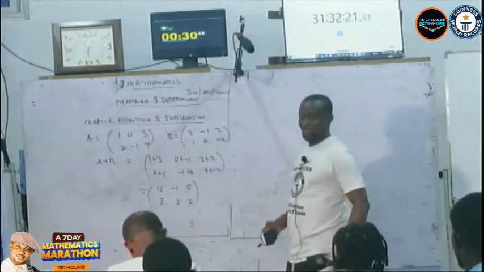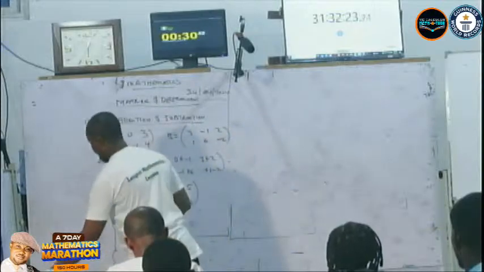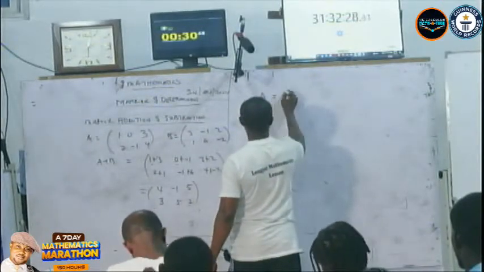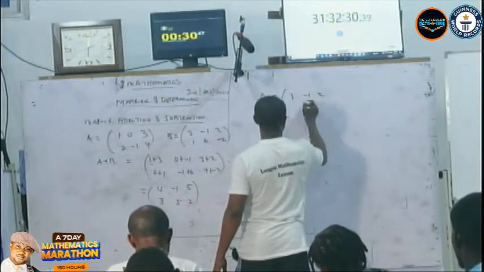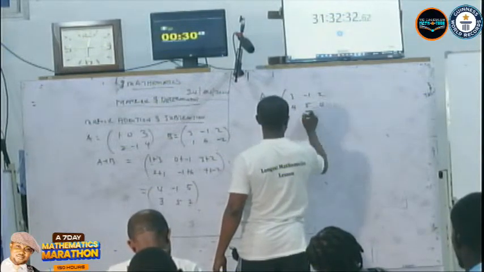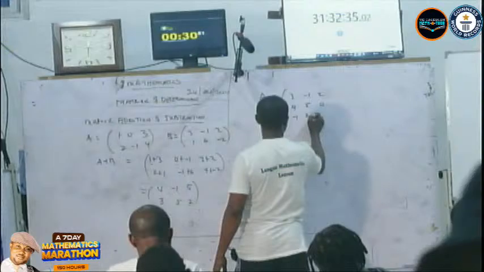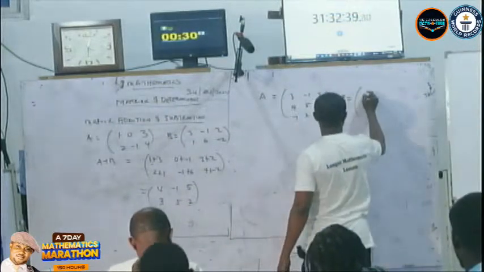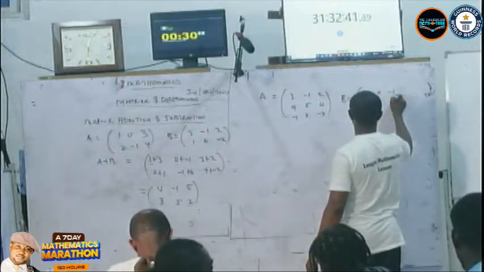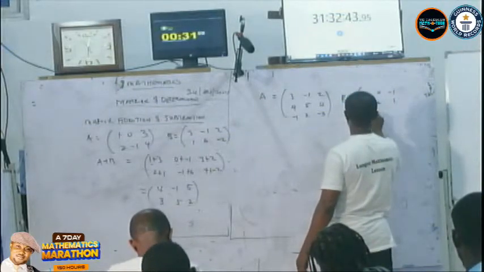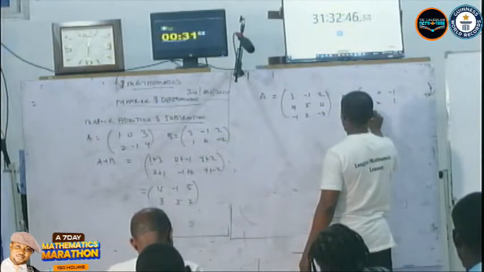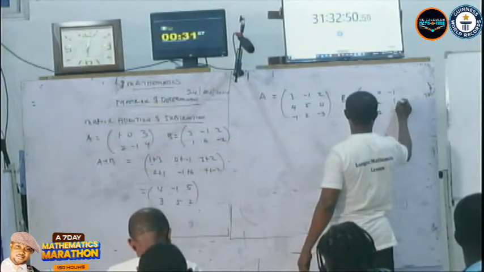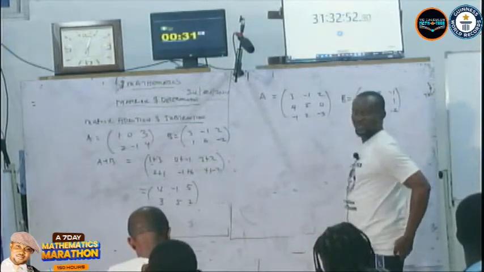They gave you matrix A. Matrix A equals 3, minus 1, 2, 4, 5, 0, minus 1, 2, minus 3. You have matrix B to be 2, 0, minus 1, 3, 2, 1, 5, 2, minus 2. And the question says find A plus B.